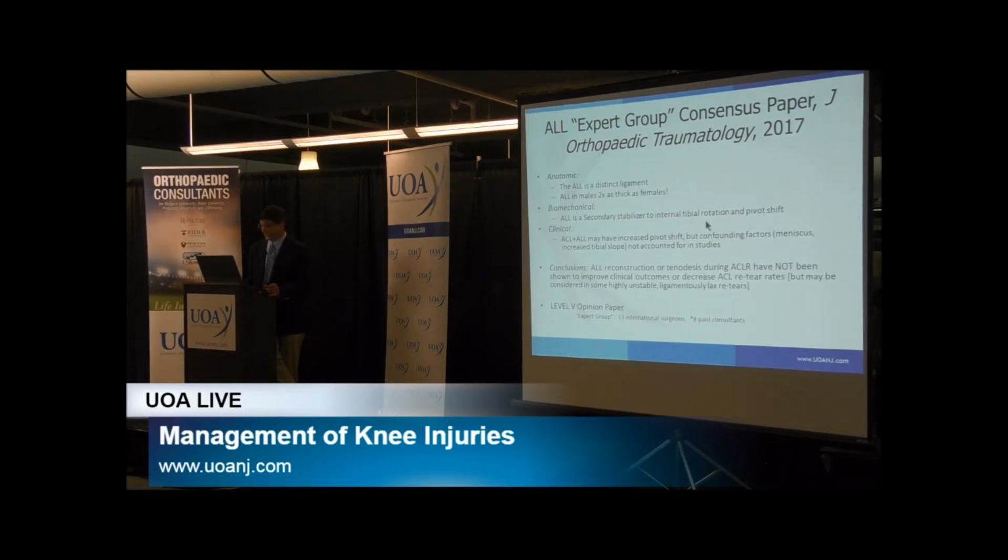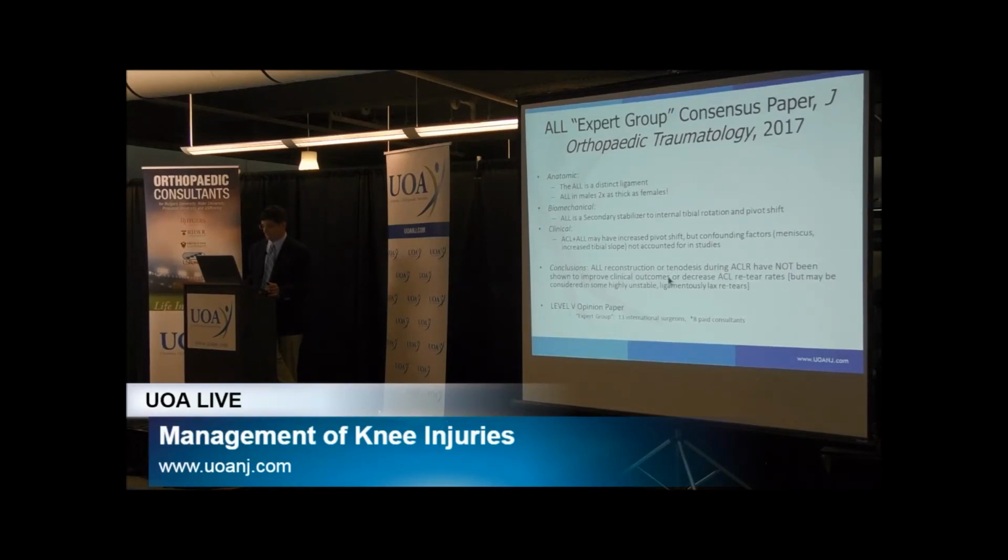It appears to be a secondary stabilizer biomechanically to internal tibial rotation and the pivot shift. In patients who tear their ACL and their ALL, they may have an increased pivot shift. However, the studies that talk about that do not discuss confounding factors such as meniscus tears and tibial slope, other things that we know contribute to instability. So we can't say on that.